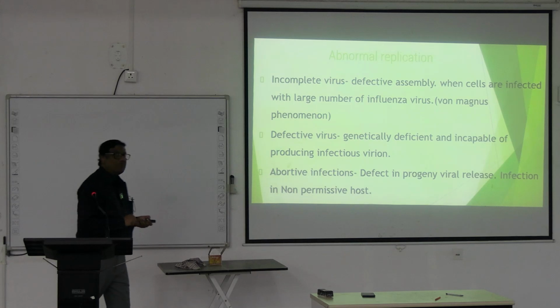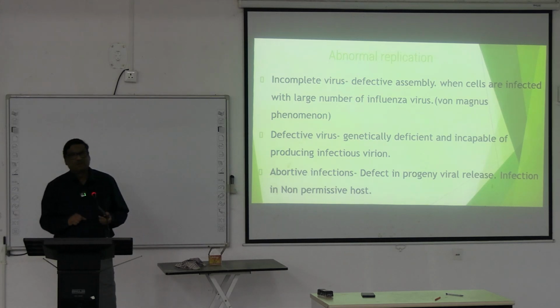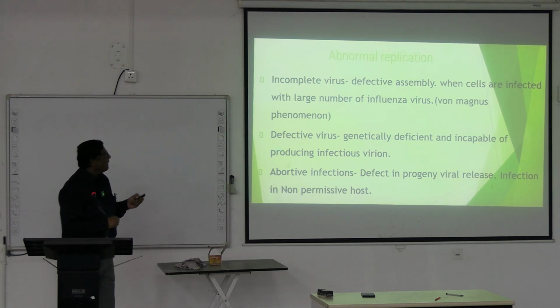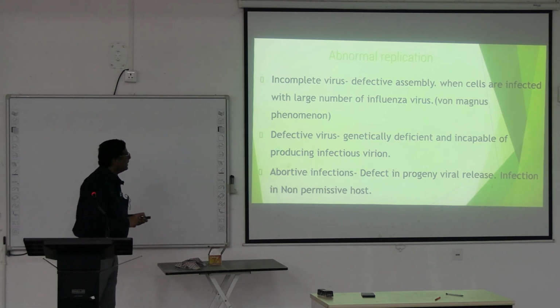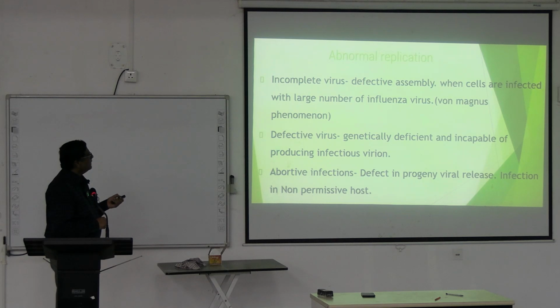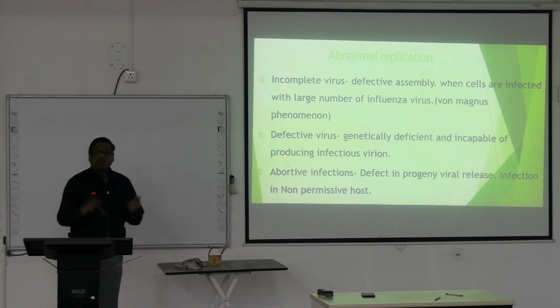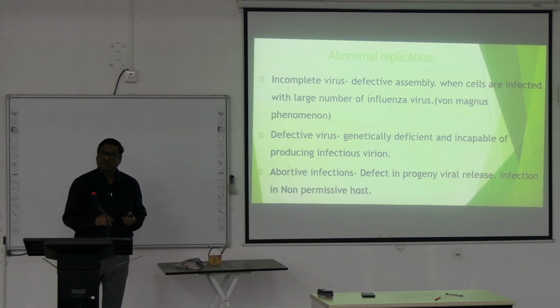Now the abnormal replication: for every 10^4 to 10^8 replications, there is one mutation, so abnormal replication can occur. And with defective assembly, when cells are infected with a large number of influenza viruses, the von Magnus phenomenon occurs. The dose is high, so the cell is loaded with influenza virus, and during the process of replication there is an error.